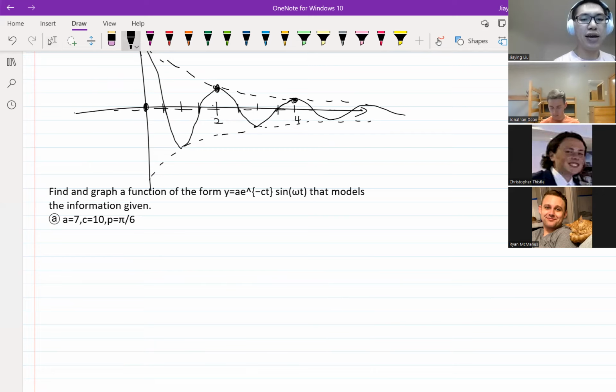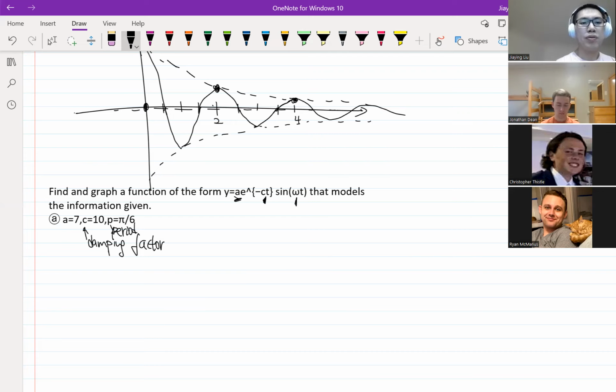We are given that the amplitude, the a in the formula, is 7, and c, the damping factor, is 10, and p is the period. So it's very similar to what we did. We just need to find a, which is given, c, which is also given, and omega, which is not given, but we can find it.